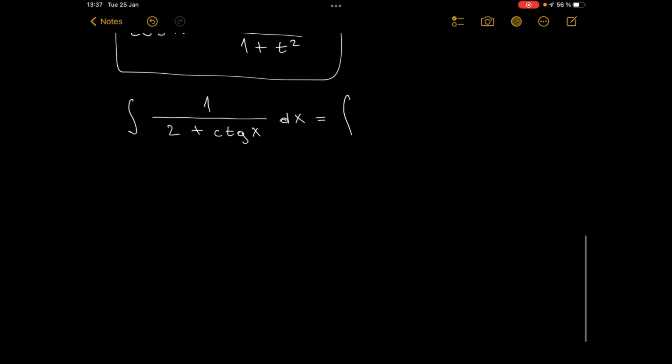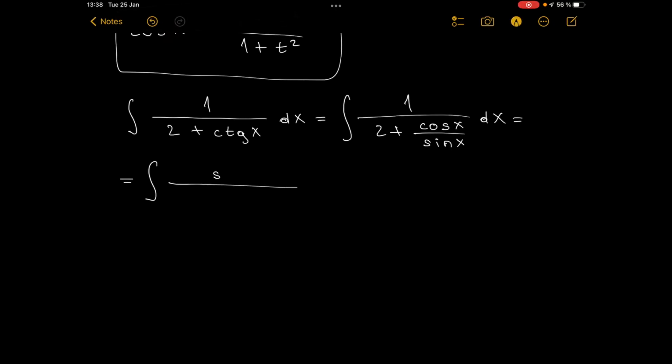So we all know that cotangent of x is simply equal to cosine of x over sine of x. And once we rewrite it in a bit simpler form, we'll see that it's the same as the integral of sine x over 2 sine x plus cosine x dx.